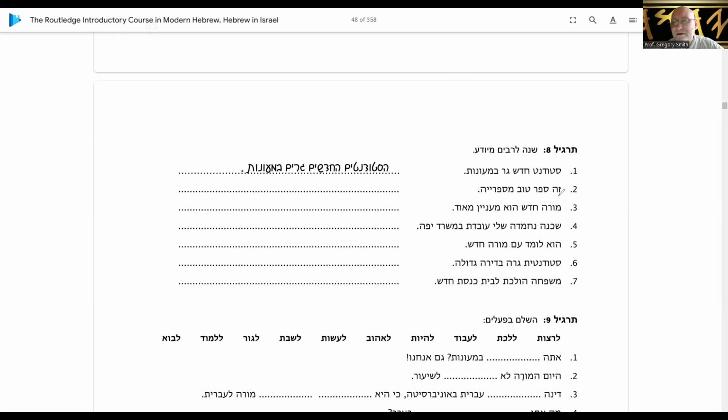Okay, so what do we have here? Zeh sefer tov. Okay, so this is a good book, mesifria. Okay, so from the library. Okay, so I bet you it's going to be ele, these, and seferim. I bet you seferim and tovim.